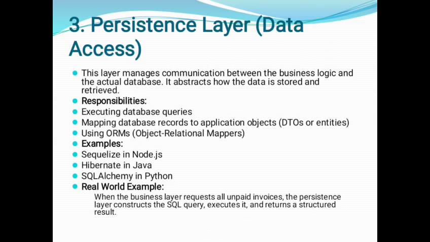Next is the persistence layer, data access. This layer manages communication between the business logic and the actual database. It is abstract. It hides how the data is stored and retrieved. The responsibilities are executing database queries, mapping database records to the application objects, and using an ORM, object relational mapper.